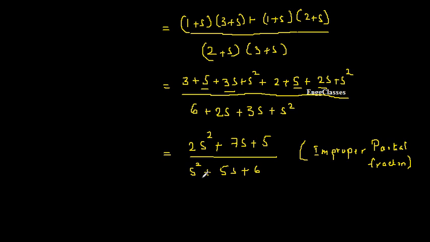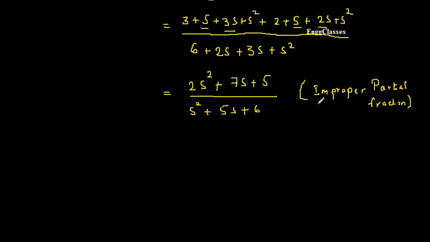Then only I can make use of the partial fraction. It cannot be equal, it cannot be greater. Here it is s square and s square. So it is equal, hence I cannot make use of the partial fraction.